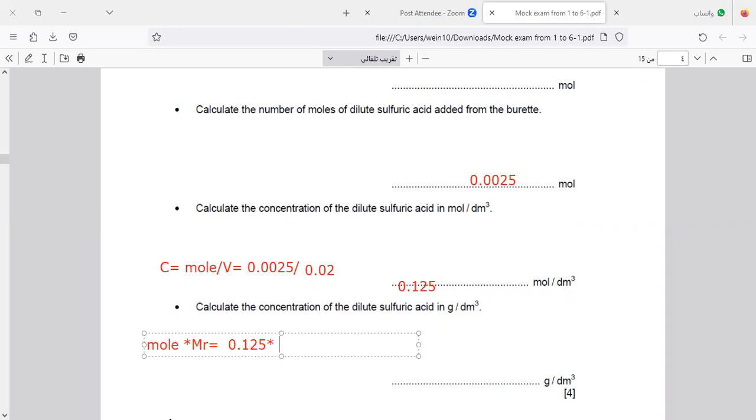H2SO4. Hydrogen is 2, S is 32, O4 means 4 multiplied by 16.